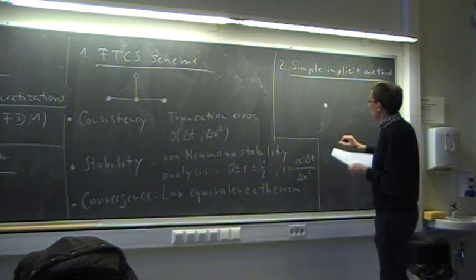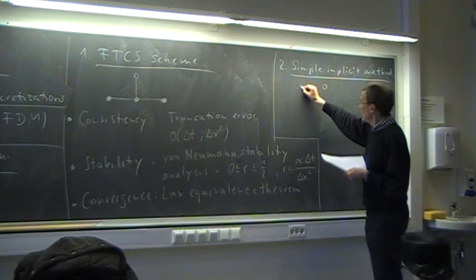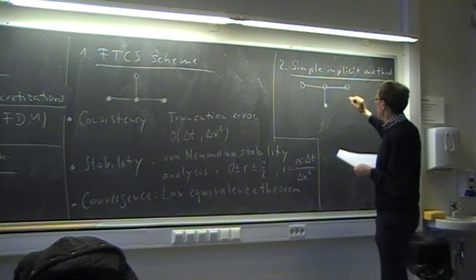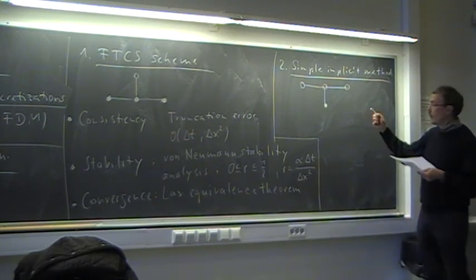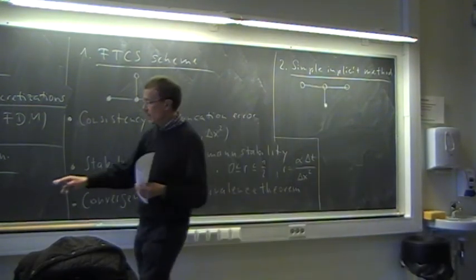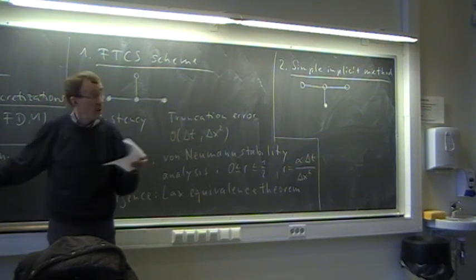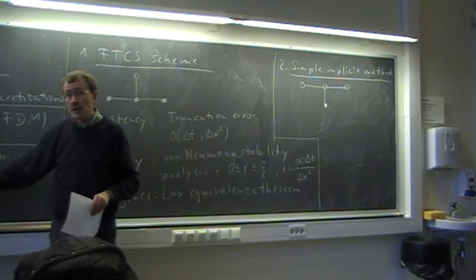We have only the value at the old time level to determine the value at the new time level, but we take now the values at the neighbors. So then the different stencil is like that. So instead of using the approximation of uxx at the old time level, as we did for forward time-centered space, for the implicit method we use the approximation of uxx at the new time level.